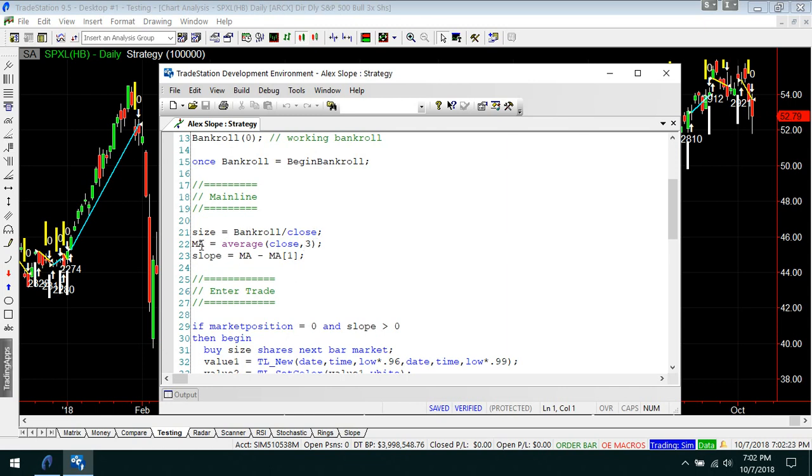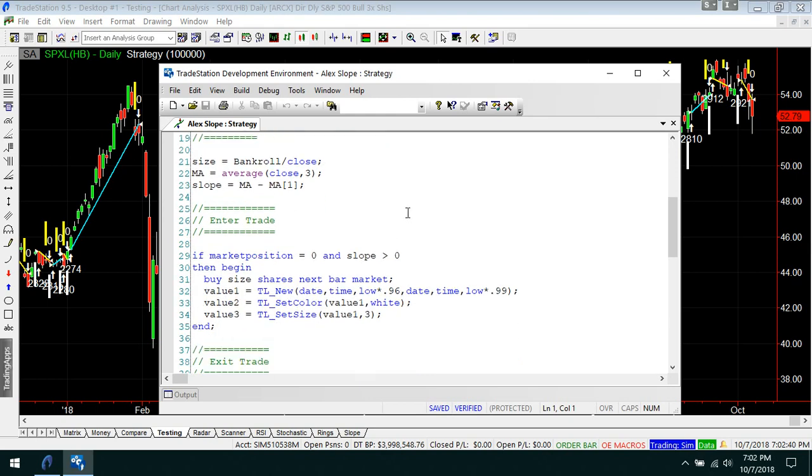Moving average is the average of the close over 3 bars. And the slope is today's moving average minus yesterday's. So if today's is lower, this will be a negative number. If today's moving average is higher, this will be a positive number. And all we're doing is, in order to get in a trade, if market position is 0, in other words, we're not in the market, and slope is greater than 0, then we will buy.